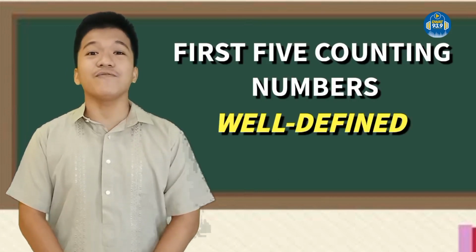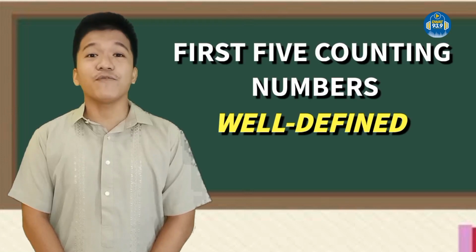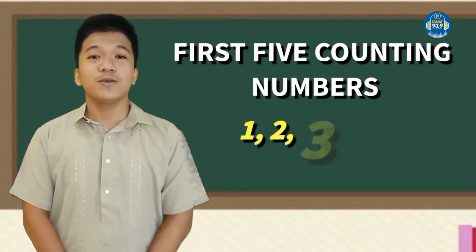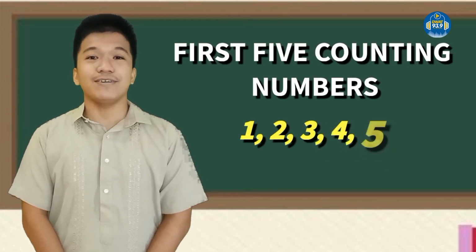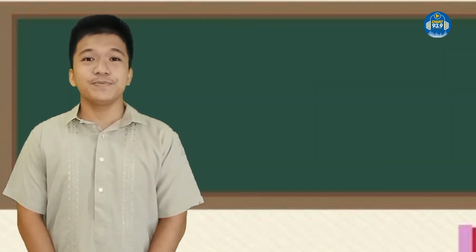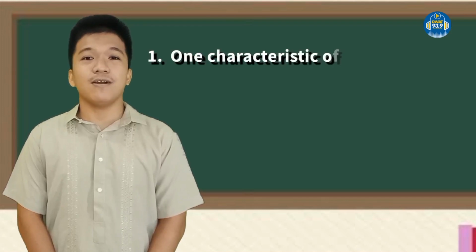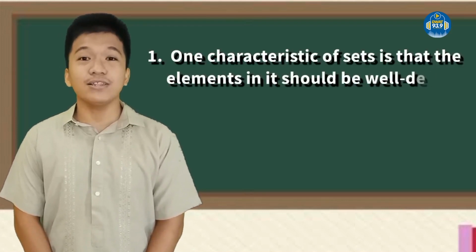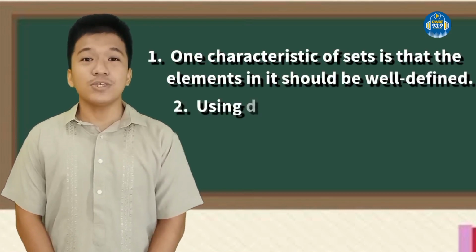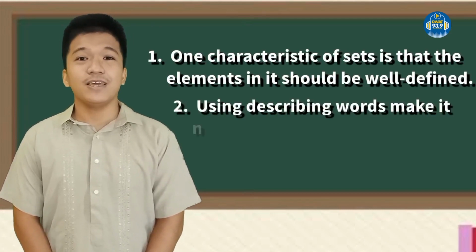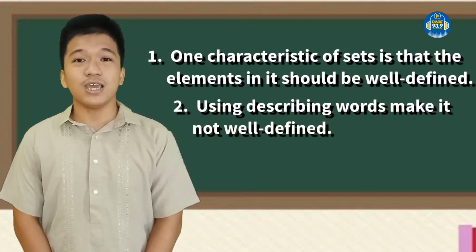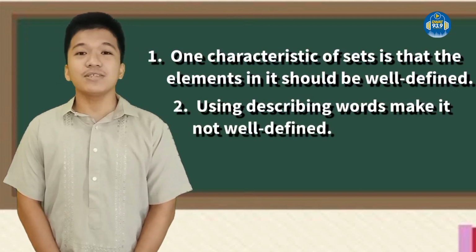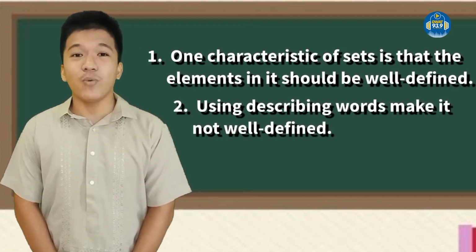It is a well-defined set because the first 5 counting numbers are 1, 2, 3, 4, and 5. Remember, the important characteristic of sets is that the elements in it should be well-defined. Using describing words such as interesting, delicious, and more make it not well-defined. All the elements of a set must be well-defined.